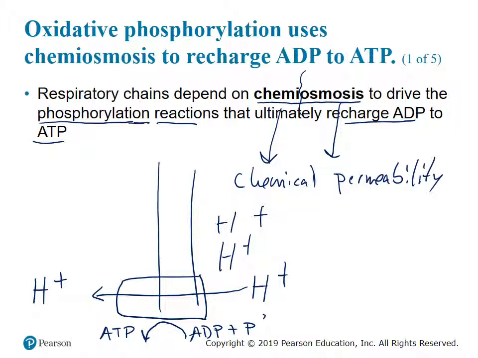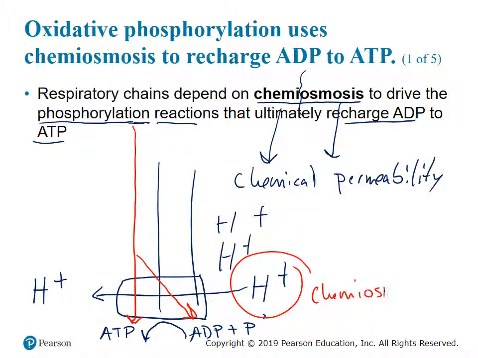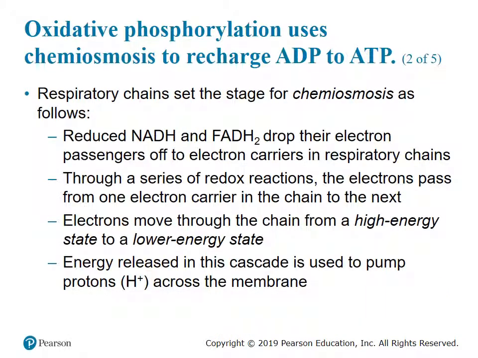This is the process of recharging ADP into ATP, and we call this process chemiosmosis. So this recaps chemiosmosis in the electron transport chain, where the electron carriers drop off the electrons in redox reactions.